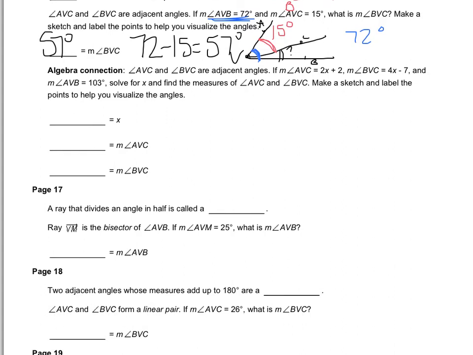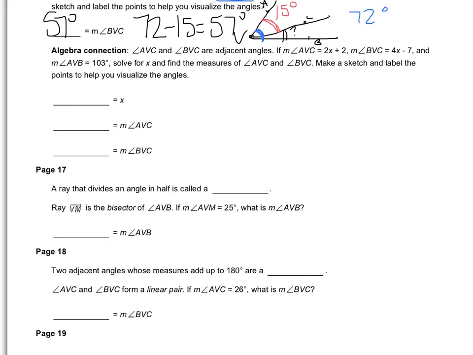Connecting this back to algebra, so we're going to have to do a little bit of math here. We have, again, AVC and BVC. So AVC, and here's B. They tell us that AVC is 2x plus 2, and BVC is 4x minus 7, and we know that the whole thing, all of this, is 103 degrees.